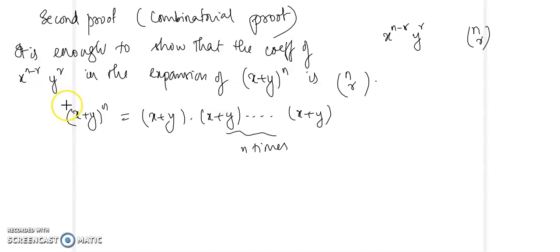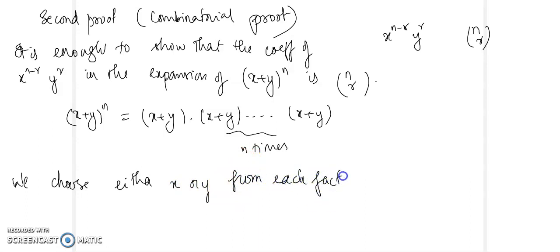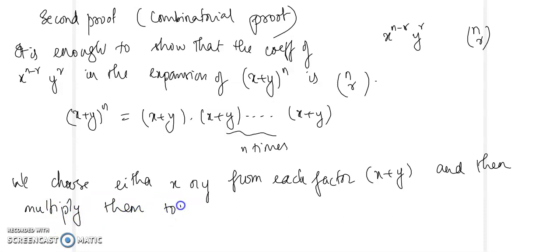So we choose either x or y from each factor, x plus y, and then multiply them together. So that's how we obtain the coefficient of x raised to n minus r, y raised to r.